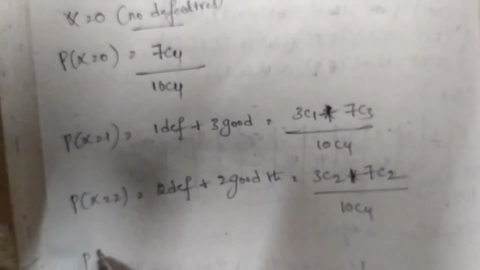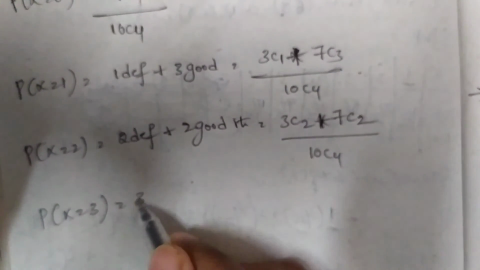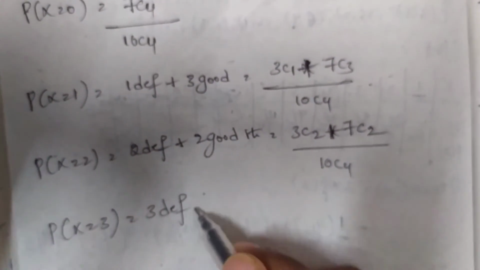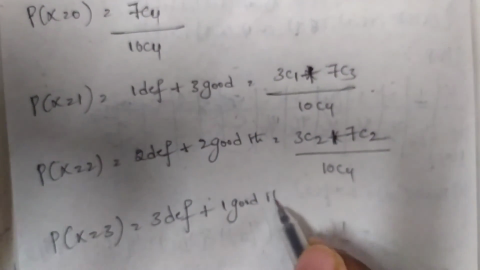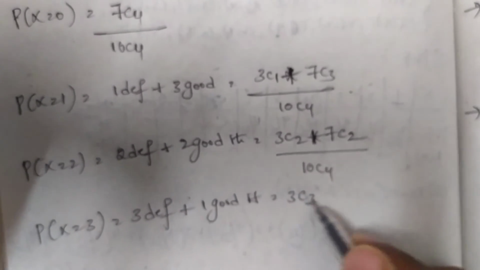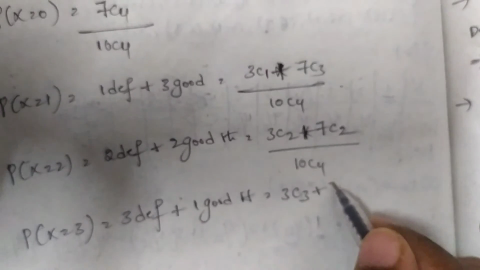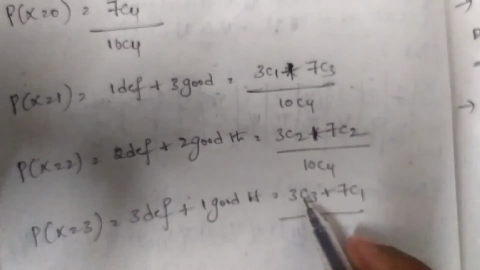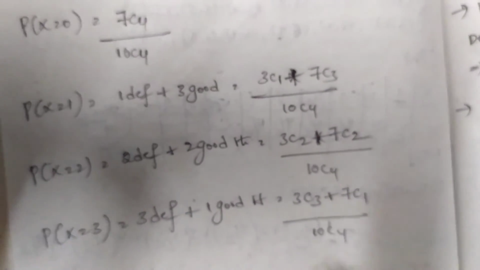For x equals 3, we draw 3 defective items and 1 good item: from 3 defective we take all 3 and from 7 we take 1, that is 3C3 into 7C1 by 10C4.